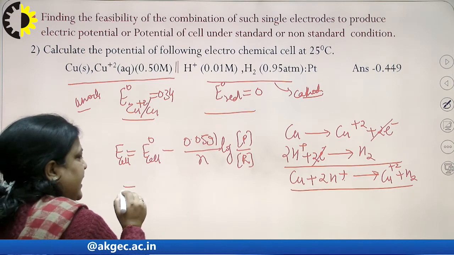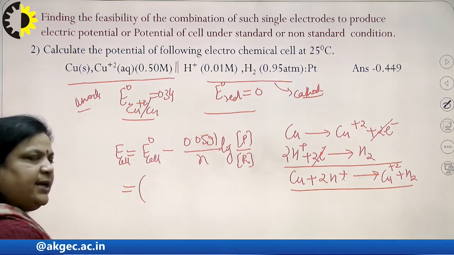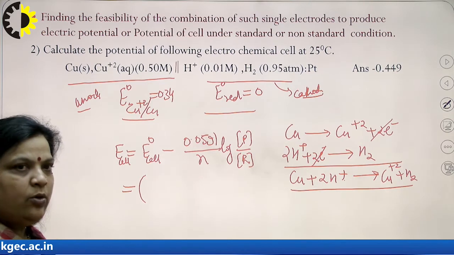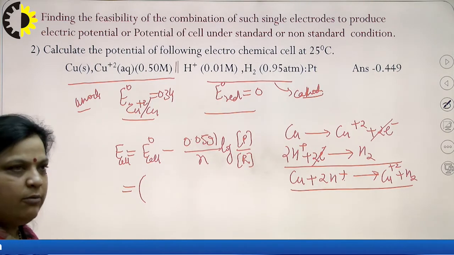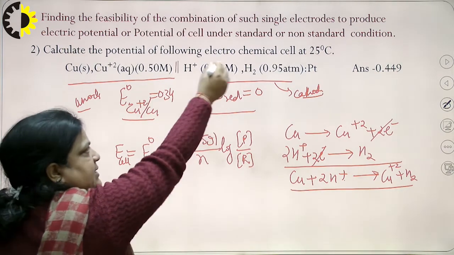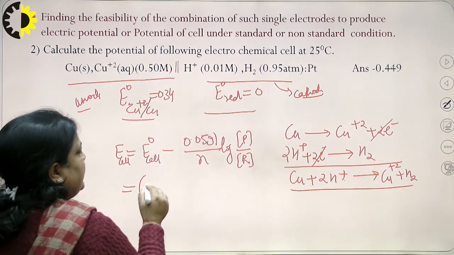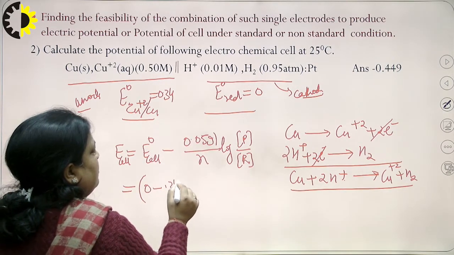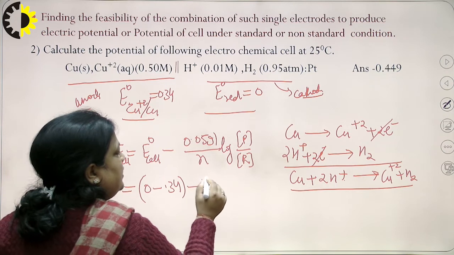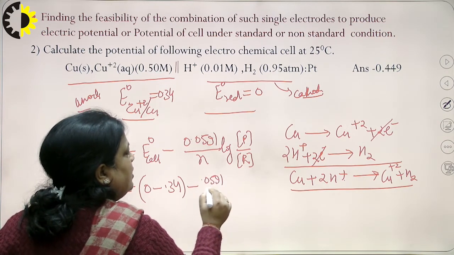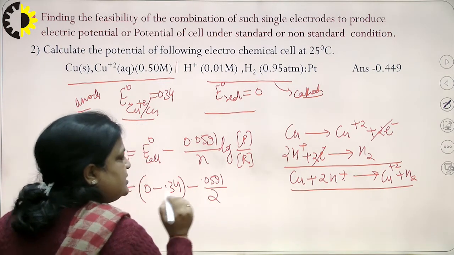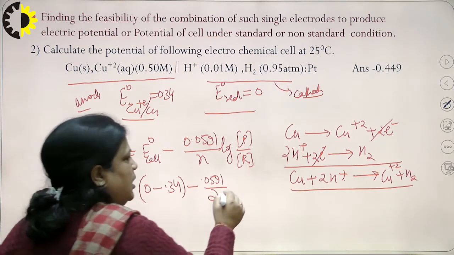If we write this chemical reaction, we can easily find which is the product and which is the reactant. E naught cell is E cathode minus E anode, with both in reduction form. So cathode is here from this cell equation and anode is this. So, we can write 0 minus 0.34 minus 0.0591 upon 2, the number of electrons involved in this reaction, log of product.